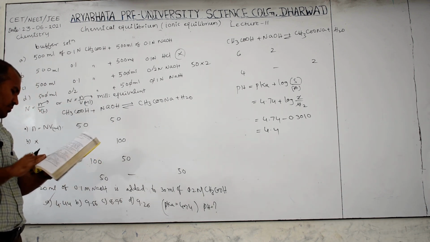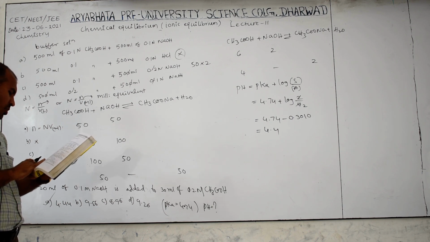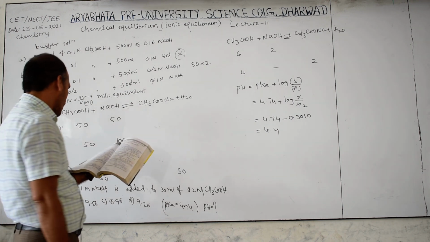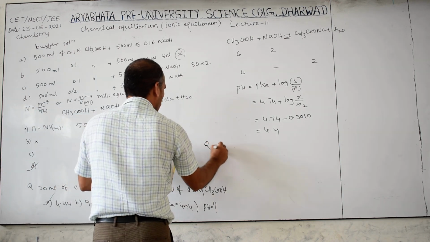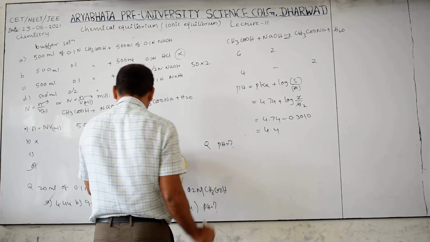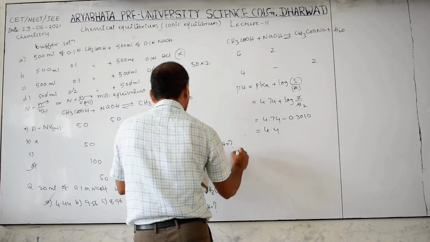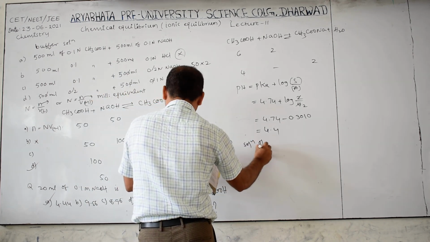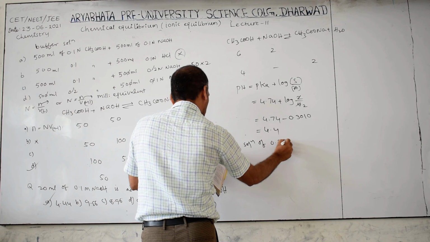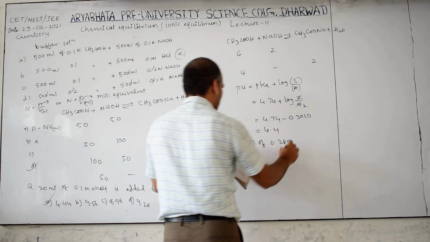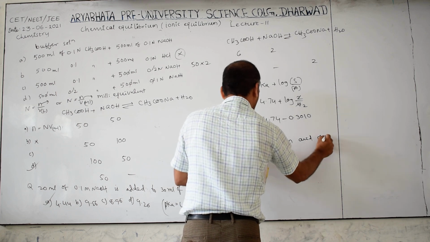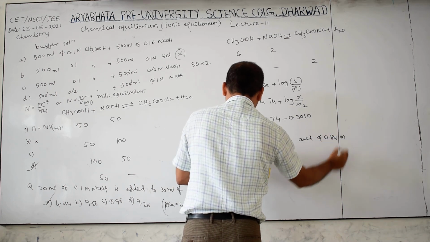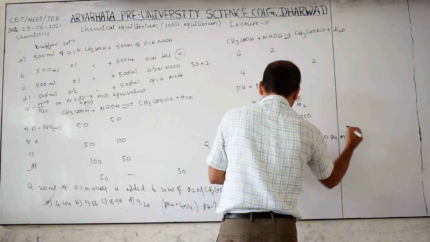Next, what is the pH of a solution of, now the question is, what is the pH of a solution of 0.28 M acetic acid, 0.2 M acid and 0.84 M conjugate base.